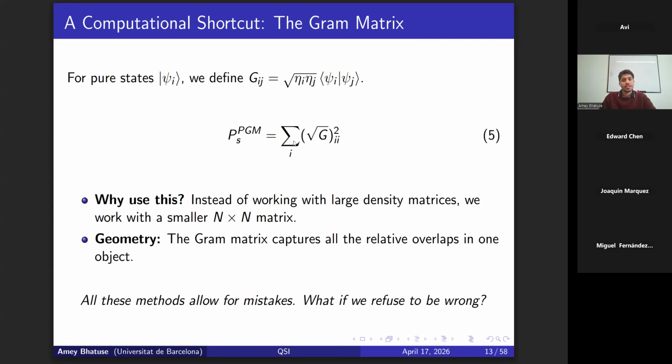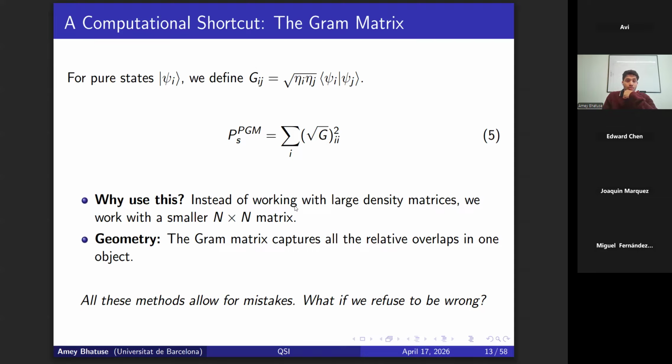And your success probability is essentially the sum of the square roots of the diagonal elements, squared.